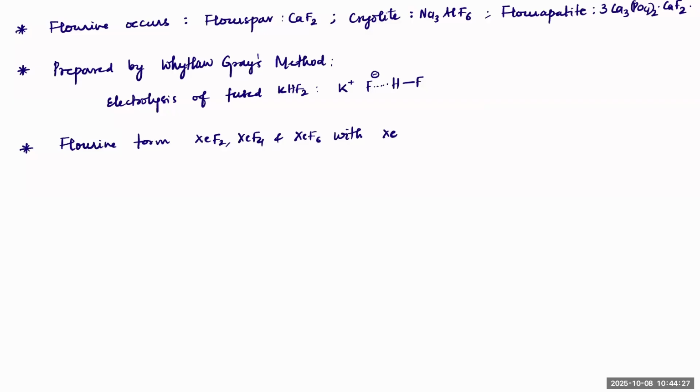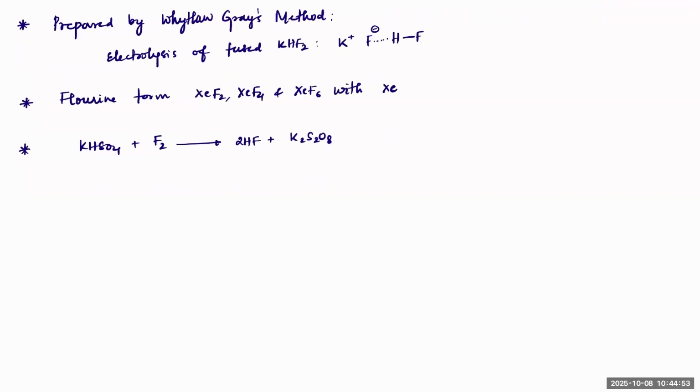Next, since fluorine is an oxidizing agent, we can see these reactions happening at electrolysis as well. KHSO4, when you treat with F2, F2 will get easily reduced. So that will convert into 2 moles of HF and you will get K2S2O8.